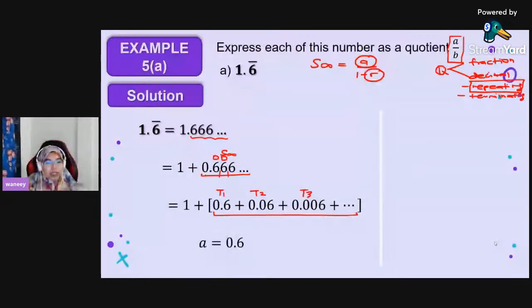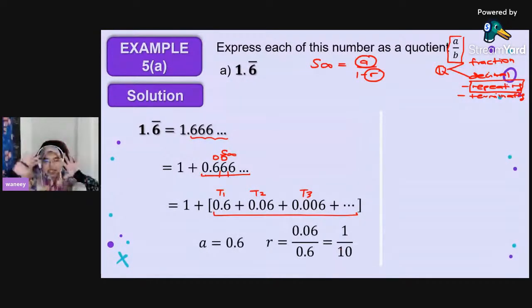The common ratio is 0.06 over 0.6, which is 1 over 10. So take the first term, find the common ratio, and then use the formula for S infinity for the sequence at the back.